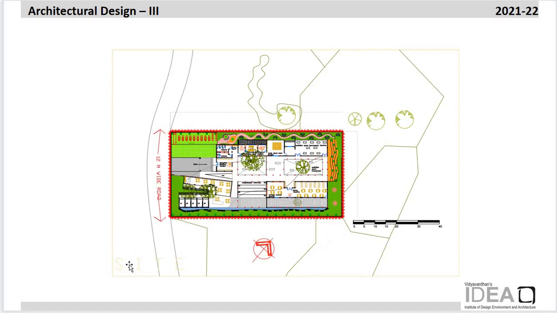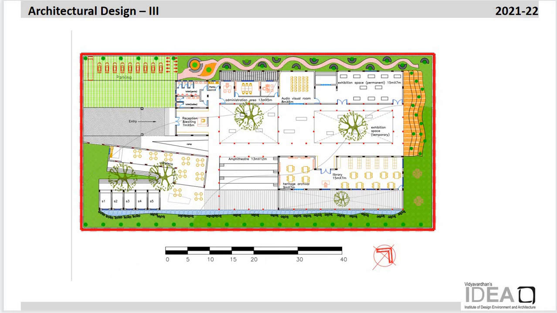This is the micro level plan. The concept is, while planning, to achieve the view of the mountains and the seasonal water body, and also connect the inner area to the outer area.